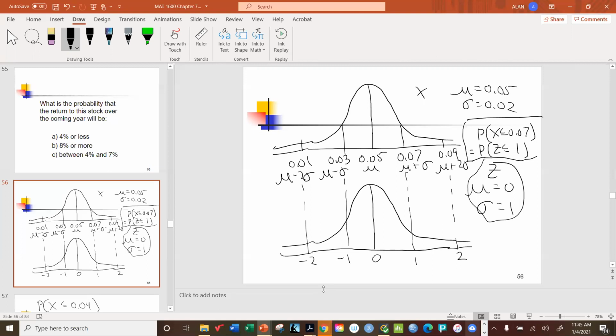All right, so now that you know what we're actually doing, and of course, this is all coming from this formula. That's what this is doing. It's converting what's going on in the X distribution into the standard normal down here at the bottom. All right, so in our example, we're looking for 0.04.